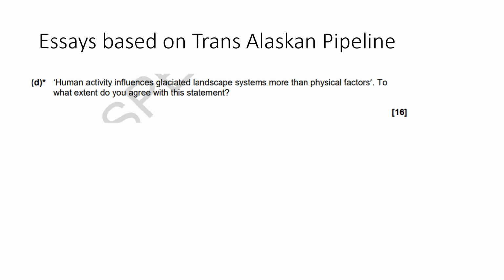And I'm sure if you were to explain those, that you could write about the pipeline as well. So you could have a question here where you have paragraph 1 looking at human activity in a glacial landscape, the dam, paragraph 2 looking at the Trans-Alaskan Pipeline in a periglacial, and discuss the human activity and the physical factors in both of those situations.